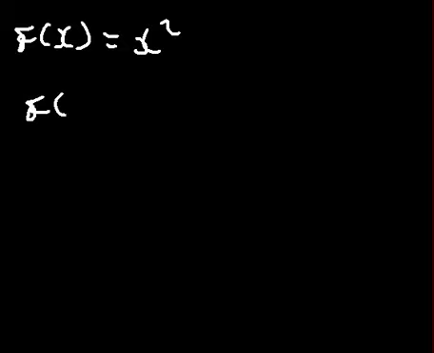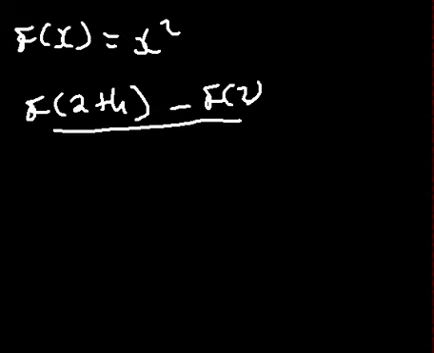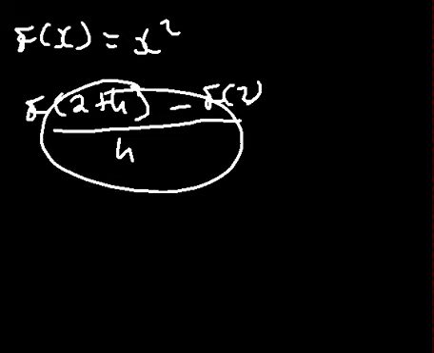Let's say we have a function f of x equal to x squared. Now find the value of f of 2 plus h minus f of 2, divided by h. So this is also the form you can use in this case.